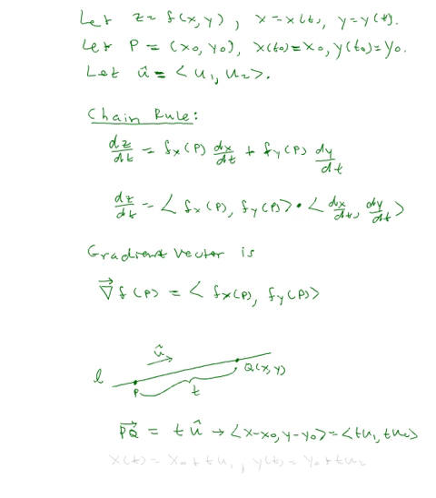So saying these latest two vectors are equal is the same thing as saying that their components are equal, and that gives us that x minus x sub 0 is t times u1, or x of t is equal to x sub 0 plus t times u1, and similarly we get that y of t is y sub 0 plus t times u2.